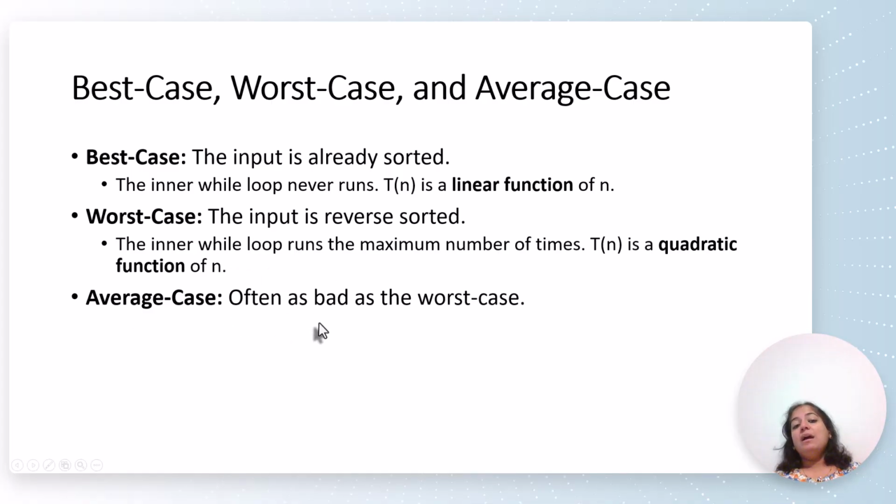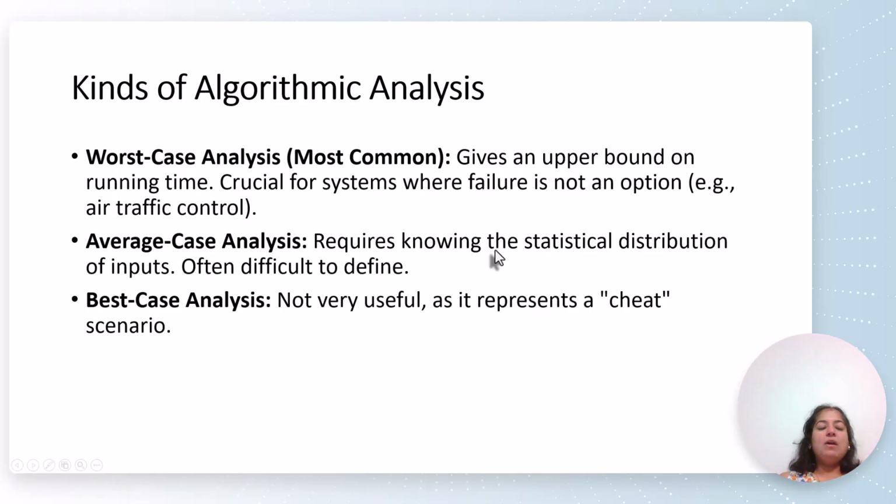Average case lies between best case and worst case, but generally we treat average case as the worst case. So we use the worst case analysis, which is the most common, because every time we want to see how my algorithm will work in the worst case scenario.